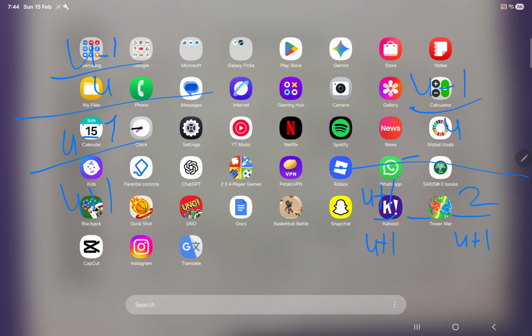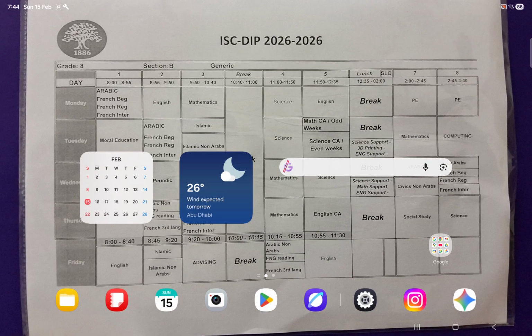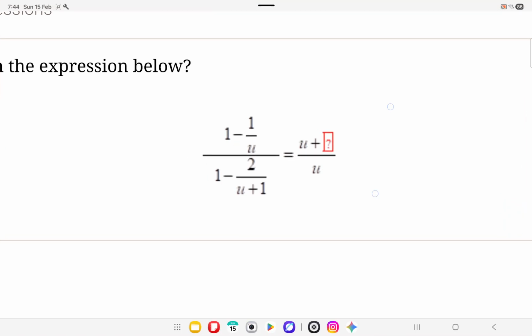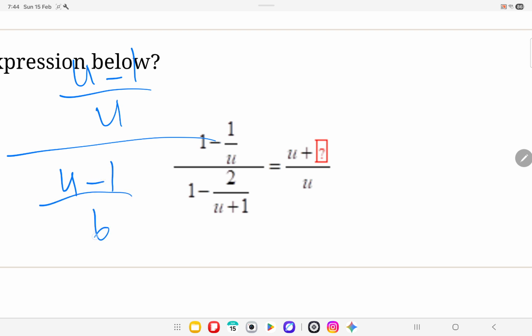Let's go back again. So we had u minus 1 over u, all over u minus 1 over u. When we have something like this, we do farthest times farthest and closest times closest.